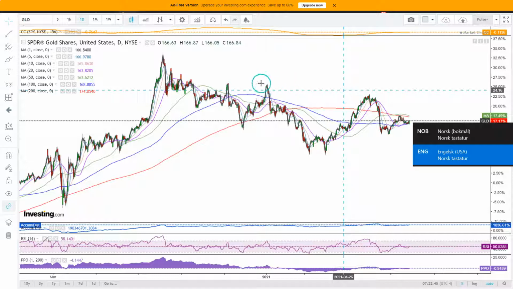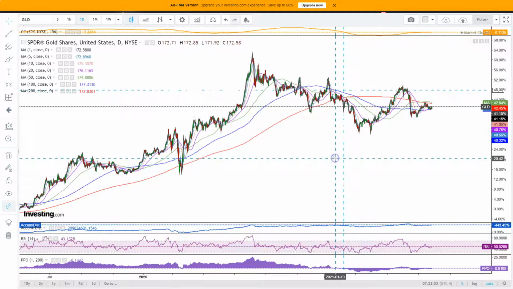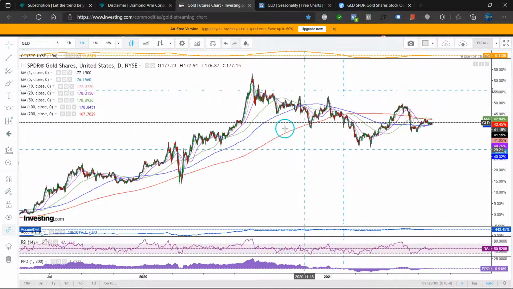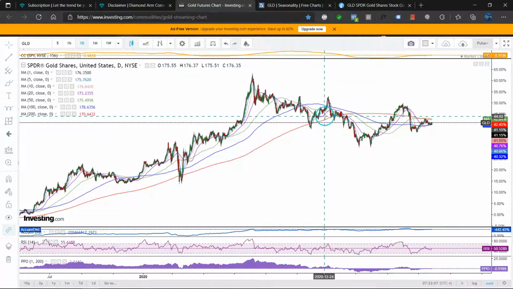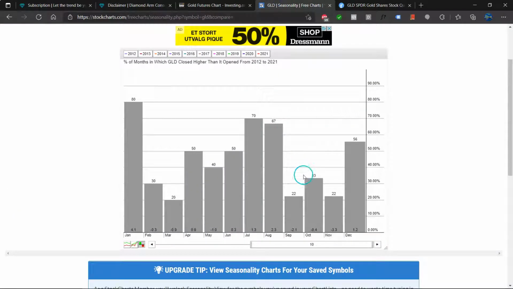You also see here that this high is significantly higher than this one. That is not a huge problem for the bulls, but it reduces the probability that the inverse head and shoulders pattern will work. But there is a potential catalyst that could alleviate these issues, and that is seasonality.